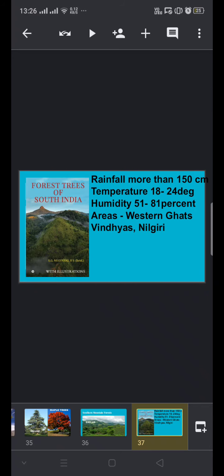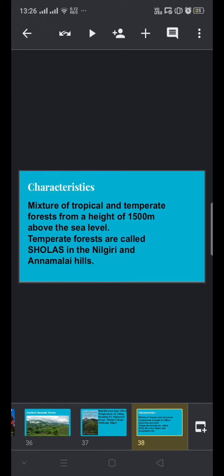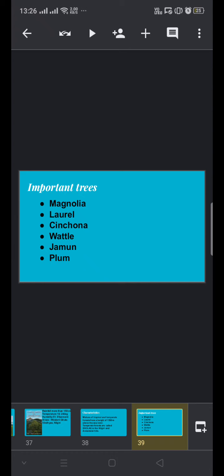Characteristics of the forest: a mixture of tropical and temperate forests from a height of 1,500 meters above the sea level, and the temperate forests are called sholas in Nilgiri and Annamalai hills. Important trees: magnolia, laurel, cinchona, wattle, jamun and plum.